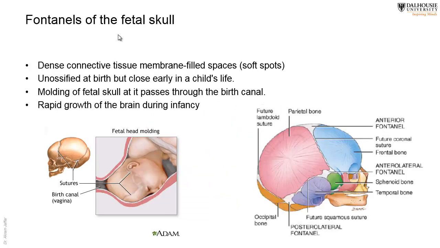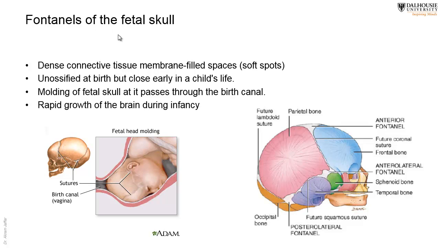Remember last time when we talked about the ossification of bone, there is membranous ossification and intracartilaginous ossification. Most of the flat bones of the body, including the bones of the skull, ossify by membranous ossification. So it's mesenchyme or fibrous tissue that changes into bone.